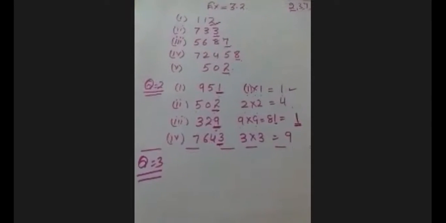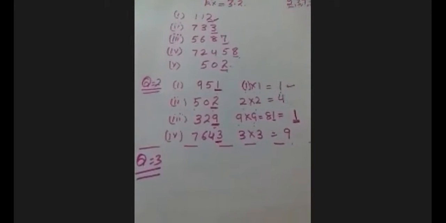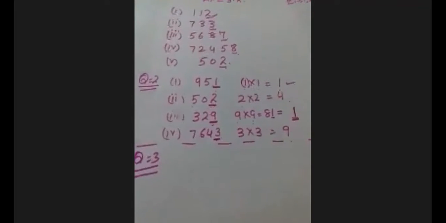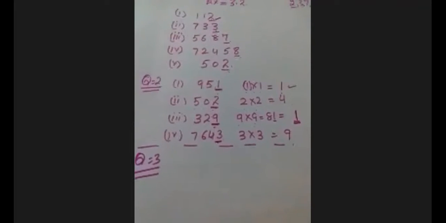Yes, friends, your third question is: the following numbers are obviously not perfect square numbers. Give reason. Now, give reason why these numbers are not perfect squares. Third question, part A. These numbers are not perfect squares, it's already given.